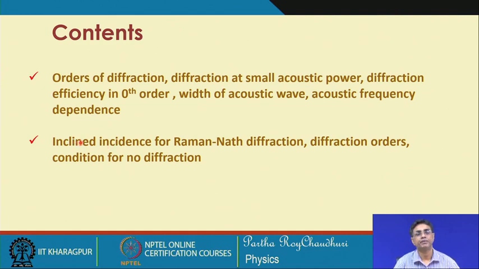Now, apart from that, there is one more thing that is still very important, because in all practical situations, it is not that the light wave is incident exactly normally onto the acoustic wave, but it could be deliberate also.